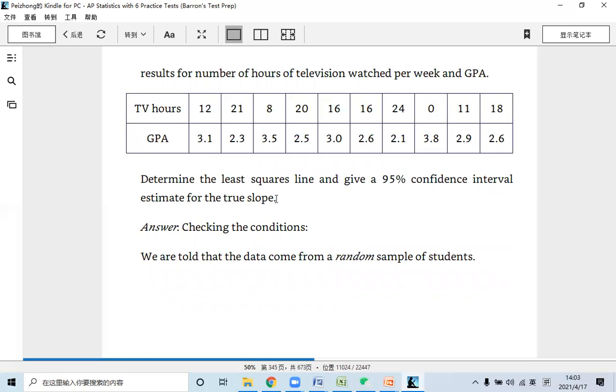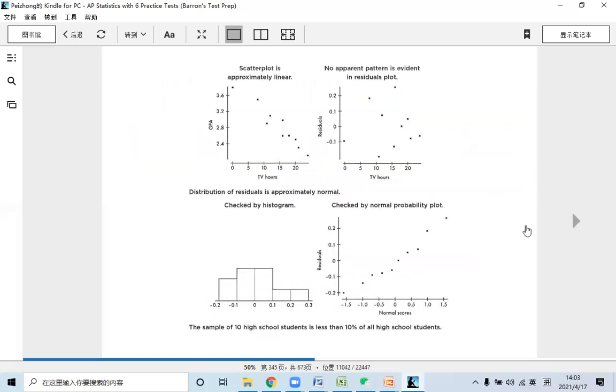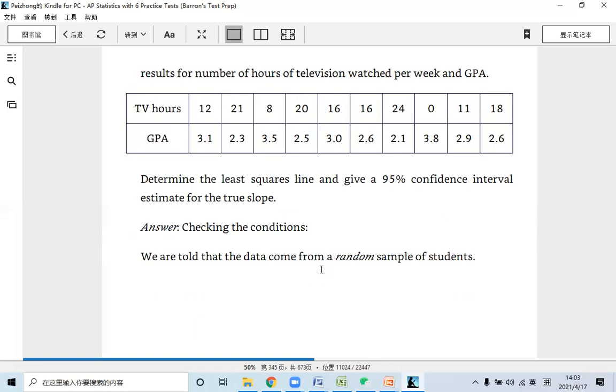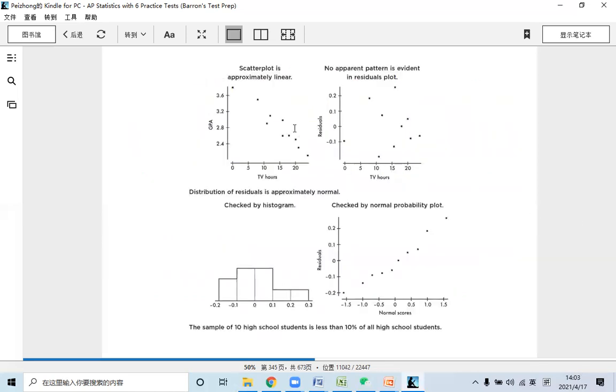Now let's look at the conditions. Random sample. You have a random sample, that's good. Scatter plot: this should be a negative correlation.